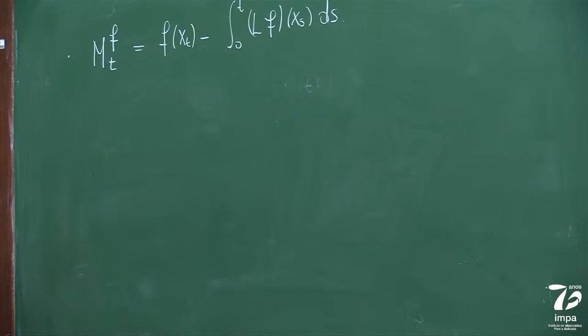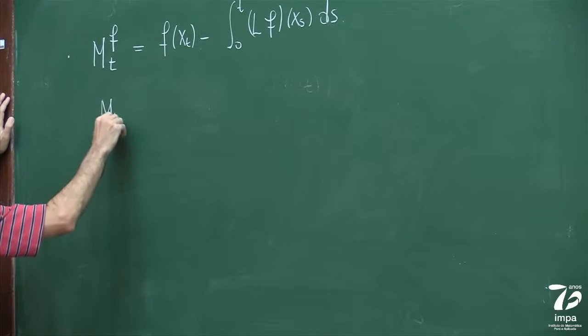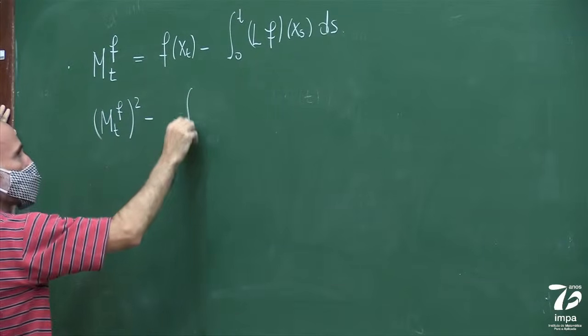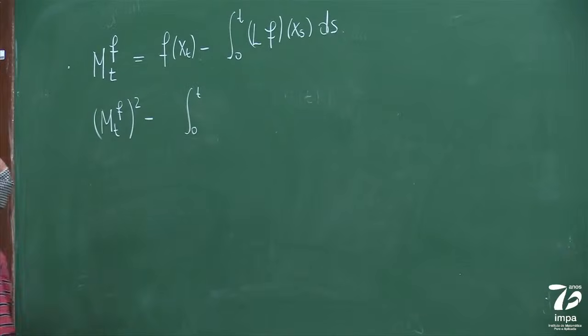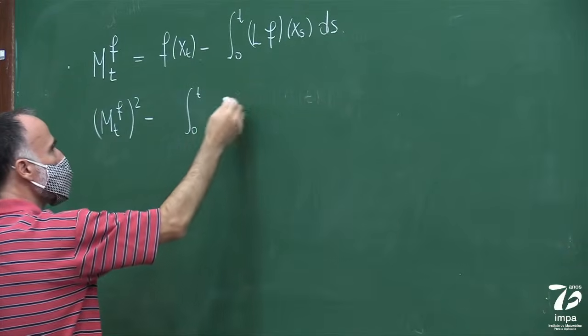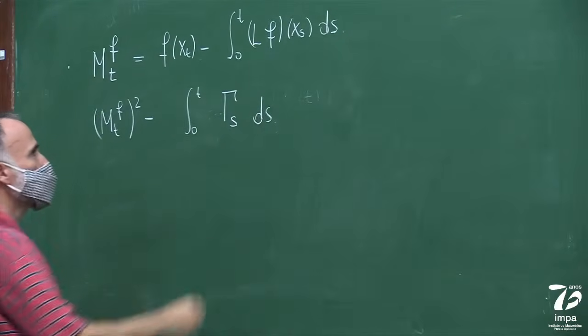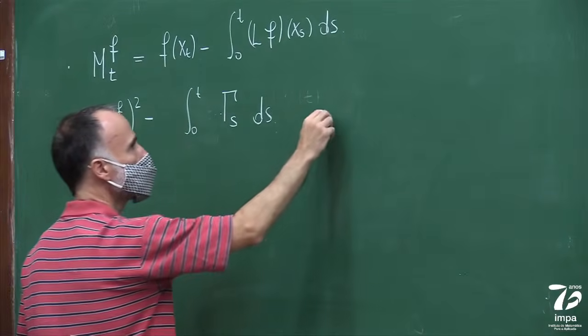So this was a martingale. And now I proved that M t f square minus an expression, let me call that gamma s ds, okay, I don't want to write it. So this is the expression we obtained, so that this is also a martingale.